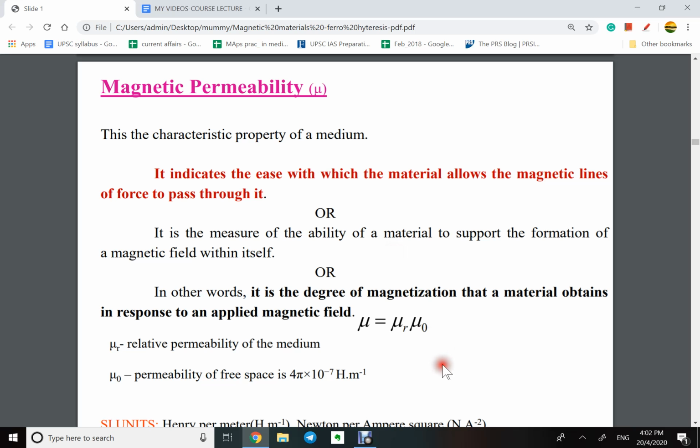Or in other words, it is the degree of magnetization that a material obtains in response to an applied magnetic field. So this magnetic permeability mu is given by mu r into mu naught. Mu r is the relative permeability of the medium. Mu naught is the permeability of free space, which is 4 pi into 10 to the power minus 7 Henry per meter.